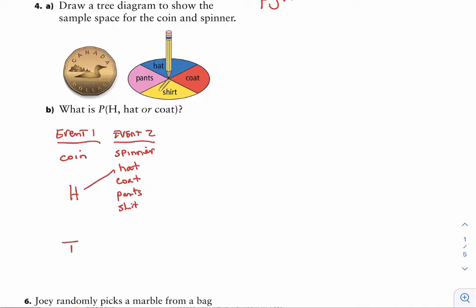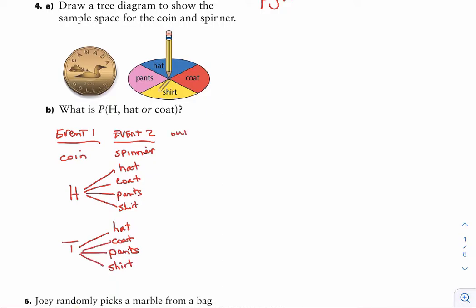So those combinations are possible with heads. I could flip a coin, it would land on heads, and I could spin a spinner and get each of those. I could also flip the coin and get tails, and then also get those same options on the spinner. So again, I have to repeat those there.